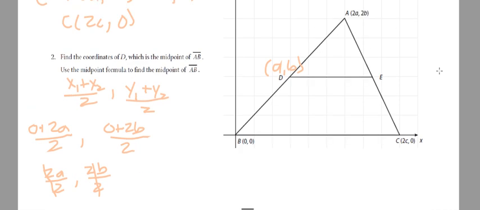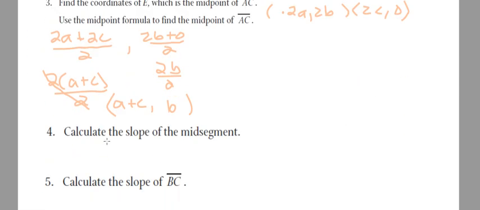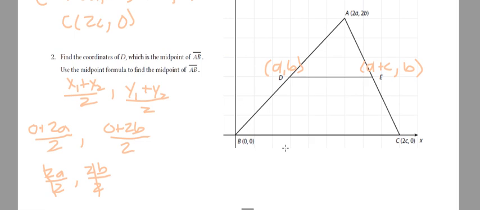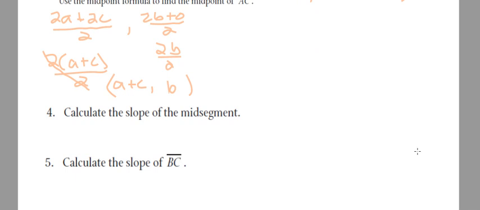So now we're going to go here. This is (a plus c, b). The next piece is asking me to calculate the slope of the midsegment. Well, the midsegment right here is a horizontal line, so I do not need to calculate the slope, but if I really wanted to, I would use the slope formula.